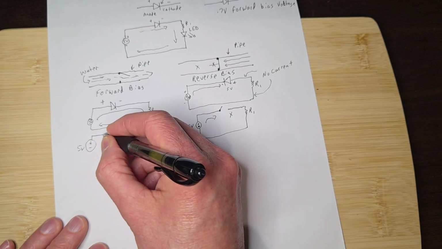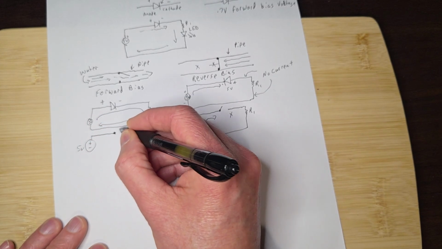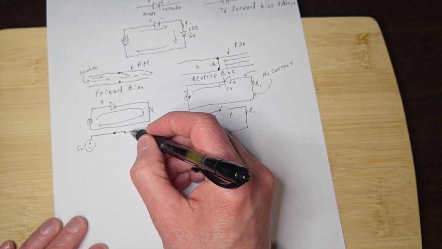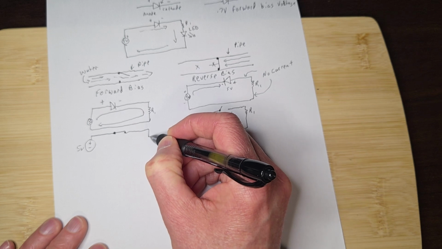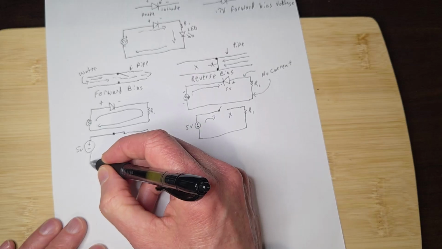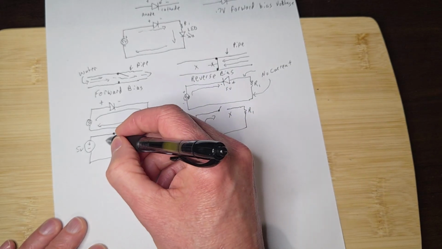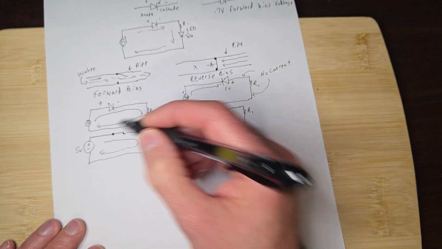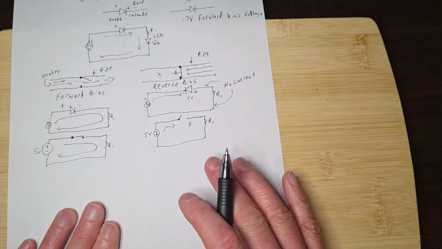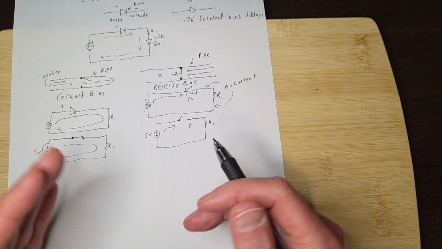So in this case, if we had a switch here, that's kind of what a switch looks like in circuit schematics. So now, current can flow like that, right? So that's really what we're dealing with. Really it's just a switch.